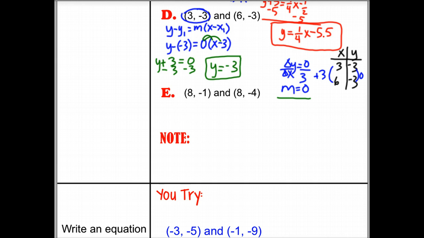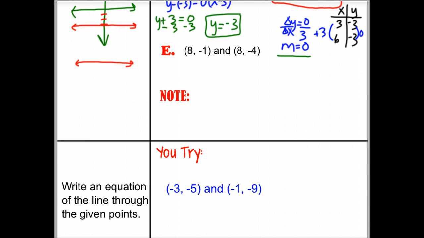So what that means is that we have our line like this, and it's going to be at 1, 2, 3, -3. So this is what our line is going to look like. And our last problem here, making another chart, we have x and y.